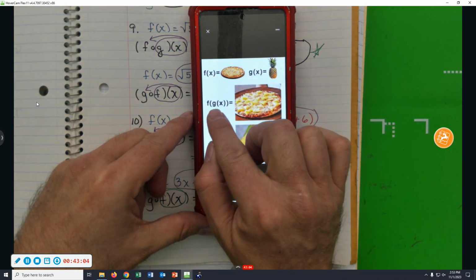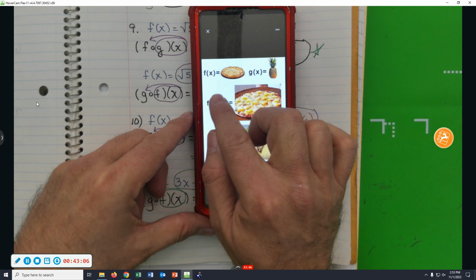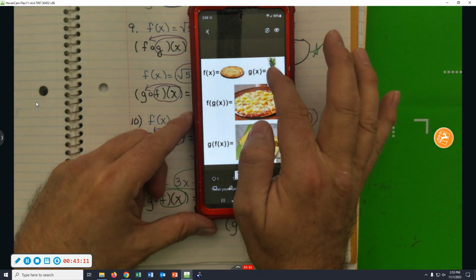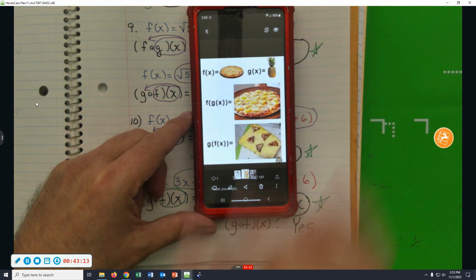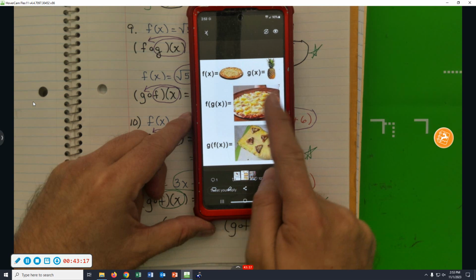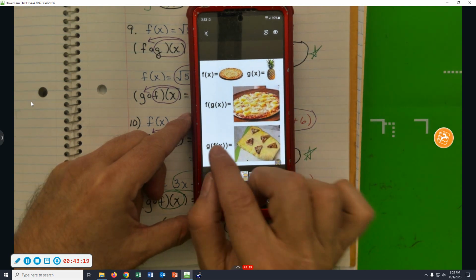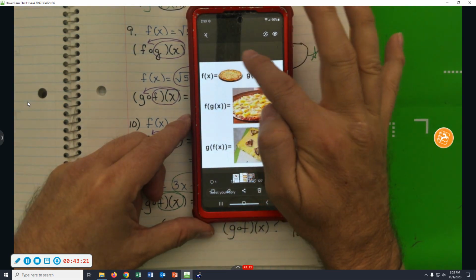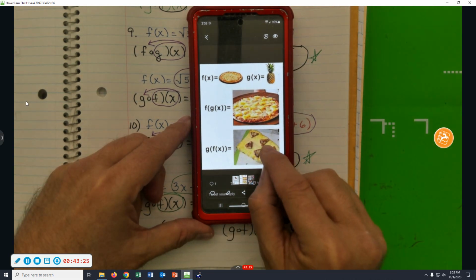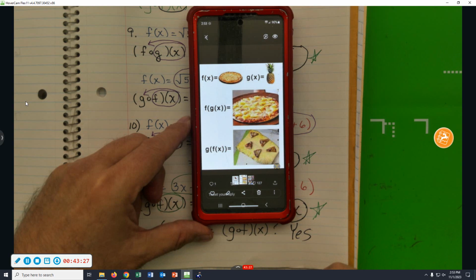This f of g, that's fog x. That means plug g into f. You're putting pineapple on the pizza. So you have pineapple pizza. But here, you're putting pizza onto pineapple. So there's a slice of pineapple with little bitty slices of pizza on top of it.